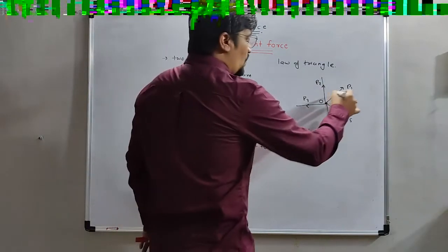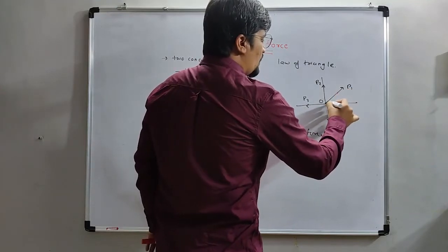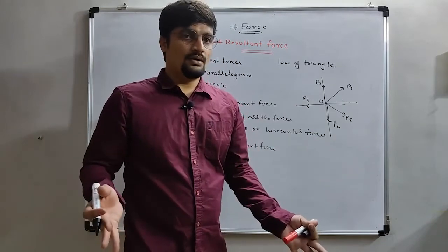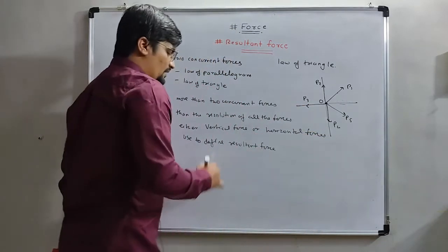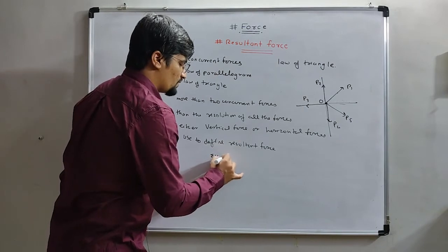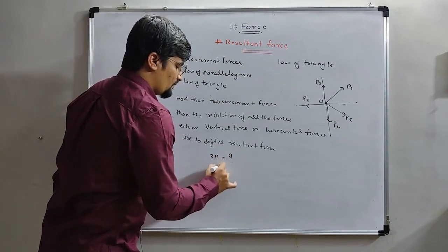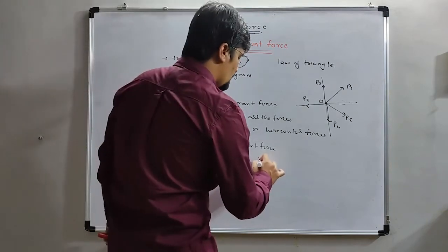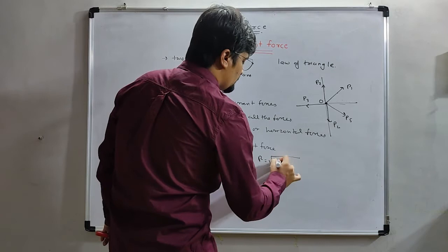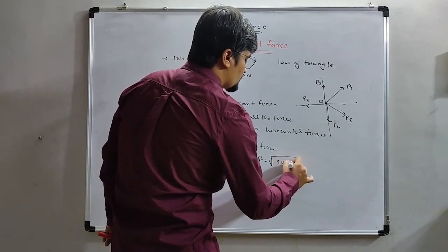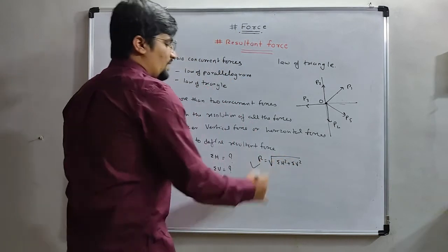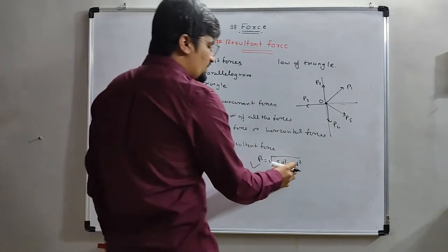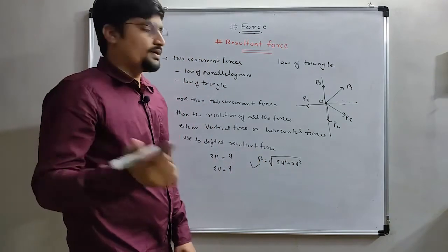So, we convert these diagonal forces into horizontal and vertical forces by using the cos theta value and sin theta value, and then we need to find the summation of all horizontal forces and the summation of vertical forces. After that, using the equation of resolution, R is equal to the square root of summation of H squared plus summation of V squared, we can find the value of R, one single force.